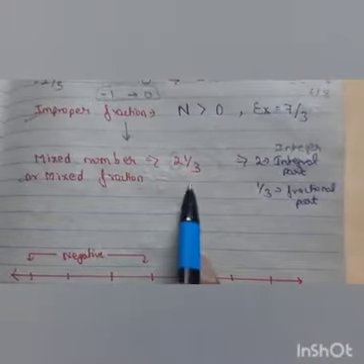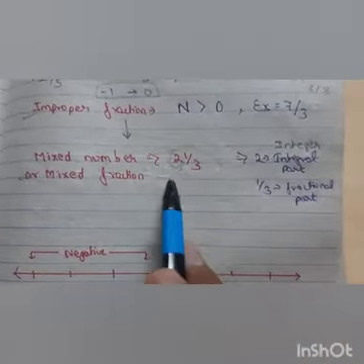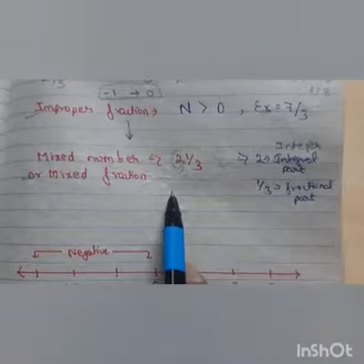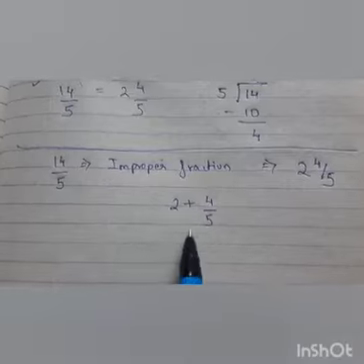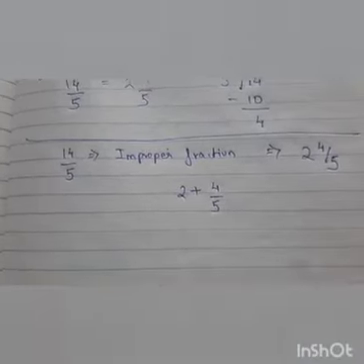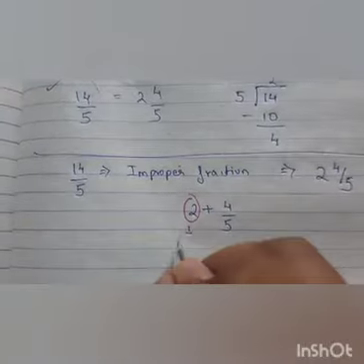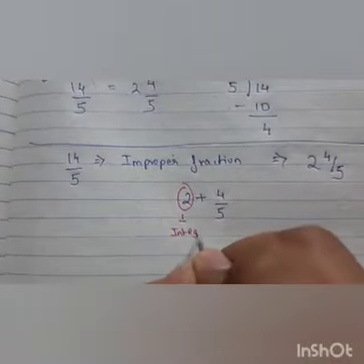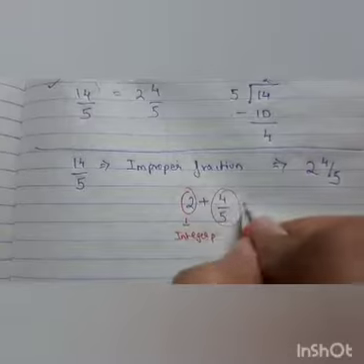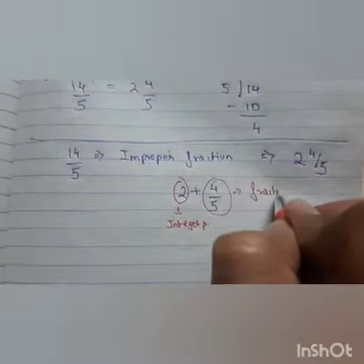I earlier told you that whenever you get a mixed fraction, the whole quantity represents your integer part and the other represents your fractional part. So to distinguish between the integer part and fractional part, we write it like this, 2 plus 4 upon 5. This is your integer part and this is your fractional part.